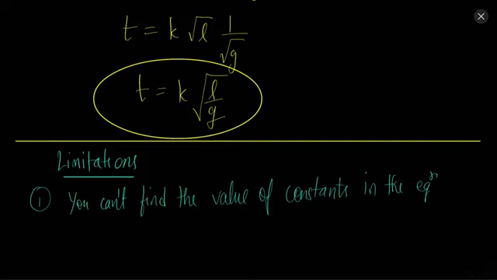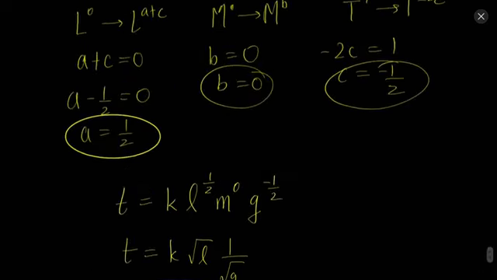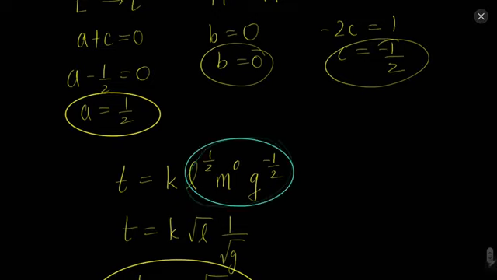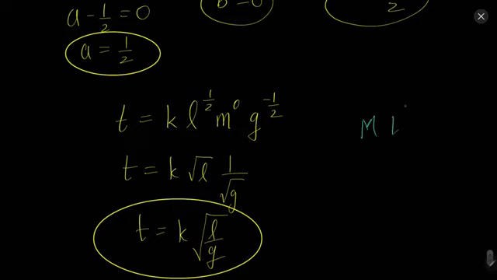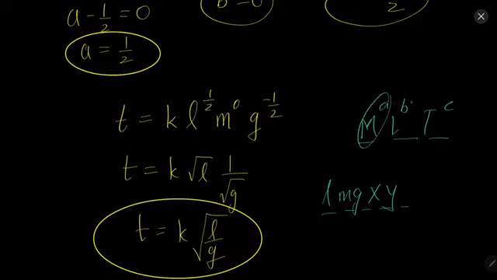Second drawback is that if we have more than, let's say, more than 3 unknowns here, we will not be able to find the value of M, L and T to the power what? We will not be able to find this. Why? Because for finding 3 unknowns we require 3 equations, and if we have, let's say, L, M, G, X, Y, so there are 5 unknowns, we will only get 3 equations because for M, L and T we have only these 3 things.